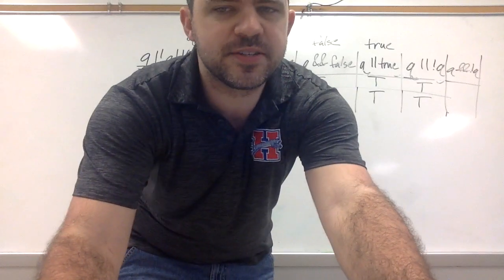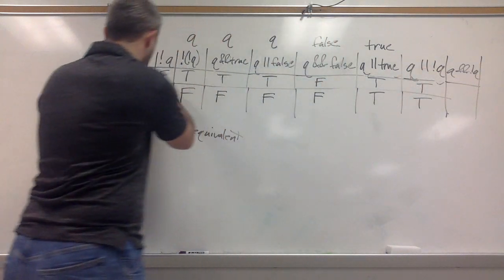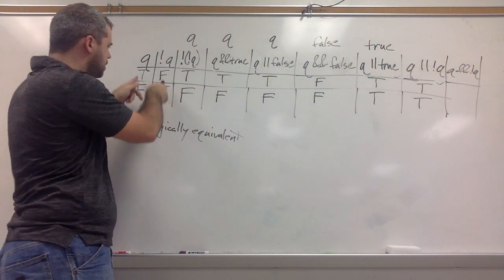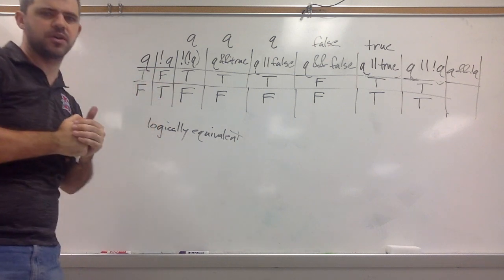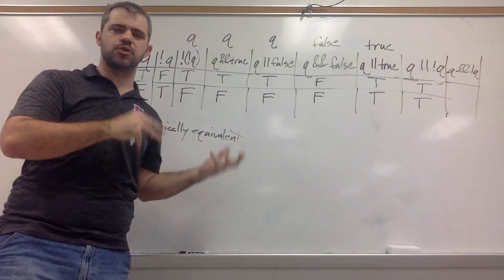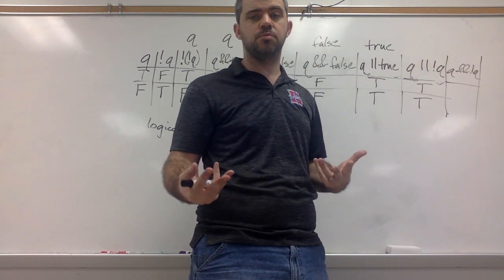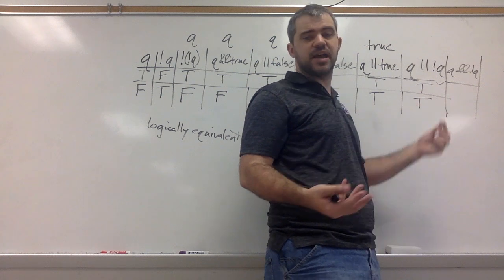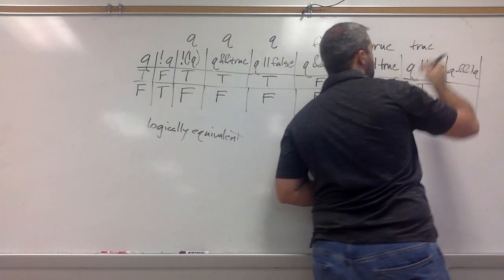Now, let's think about this a little bit. So these are always going to be opposite values. Q and not Q, those are always opposite from each other. So one's always going to be true, one's always going to be false. And with or, all we need is a single true. So one of those guys has to be true. This statement is always true.